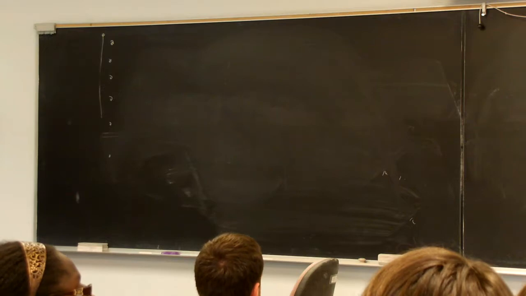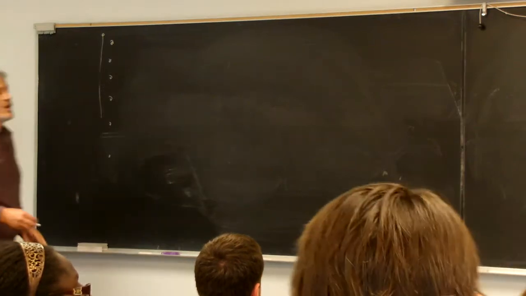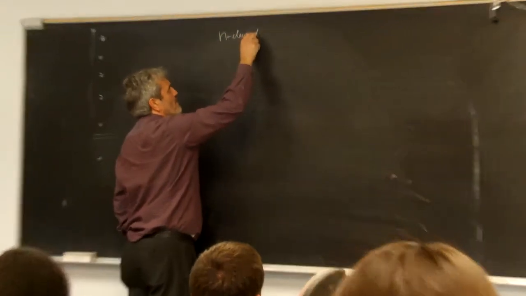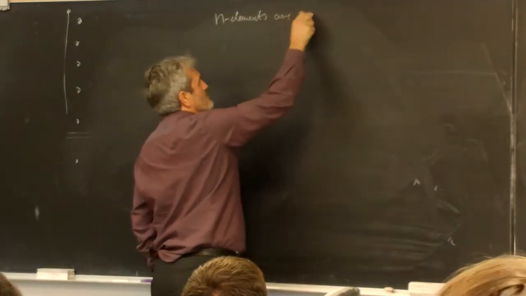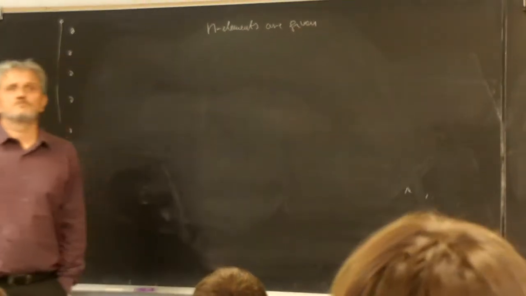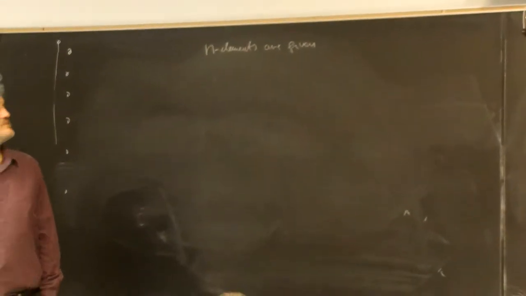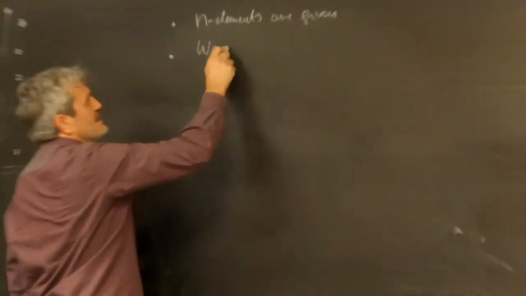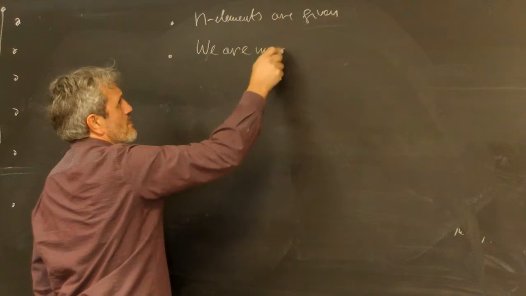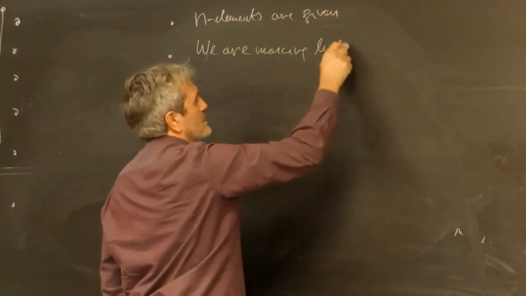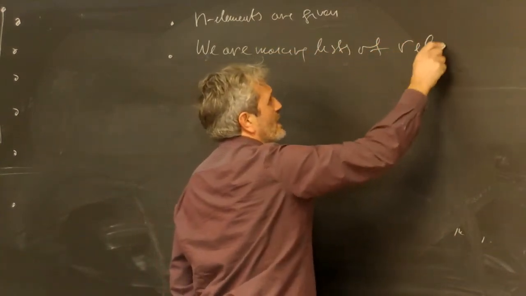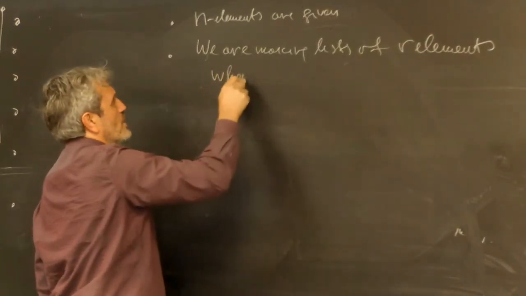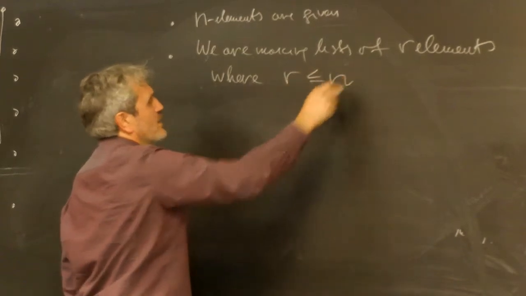So let's cover both of them at the same time. You have n elements. We are making a list of r elements, where r is less than or equal to n.